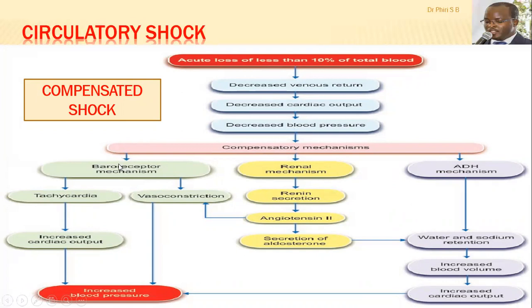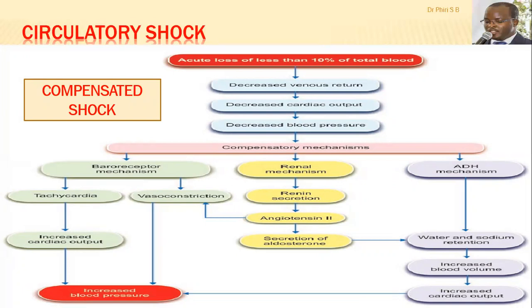Within the carotid sinus and the aortic arch, you have those baroreceptors that can respond to pressure changes. So with a decrease in blood pressure, the firing of the baroreceptors will reduce, and then the nucleus of tractus solitarius will be stimulated via the cranial nerve number 10, the vagus nerve, and the cranial nerve number 9, which is the glossopharyngeal nerve.